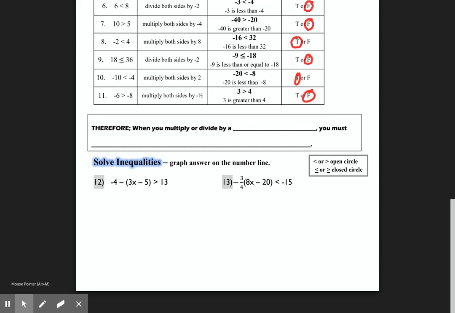So what happens here is that, therefore, when you multiply or divide by a negative, it doesn't matter whether it's a whole number or a fraction, you must flip the inequality symbol. And I'm going to go ahead and put inequality symbol instead of just symbol.